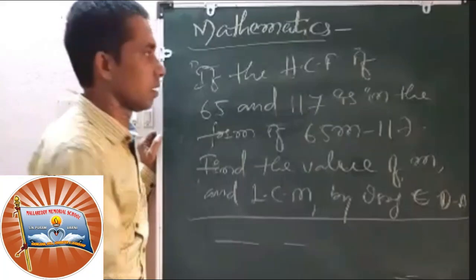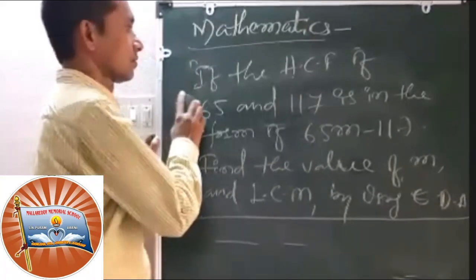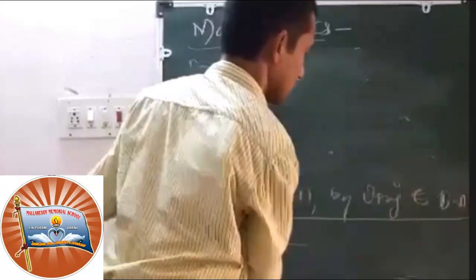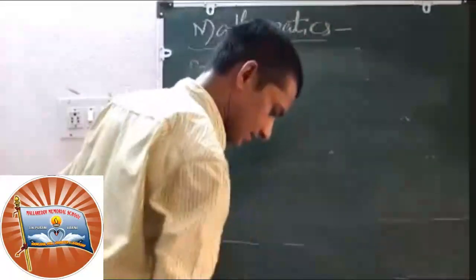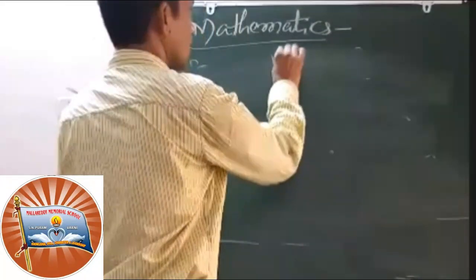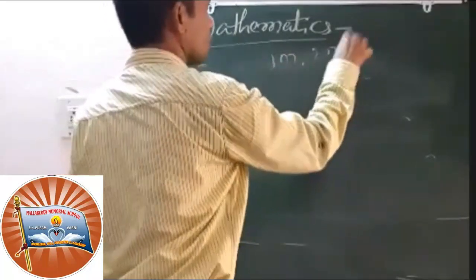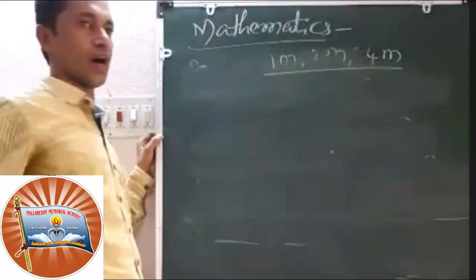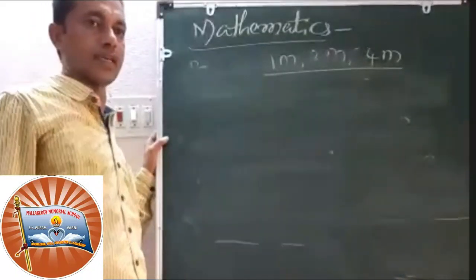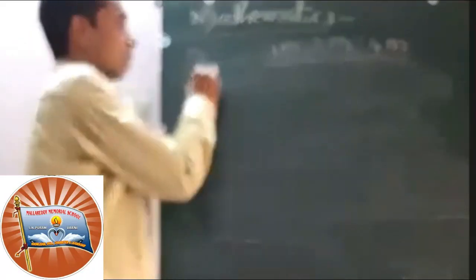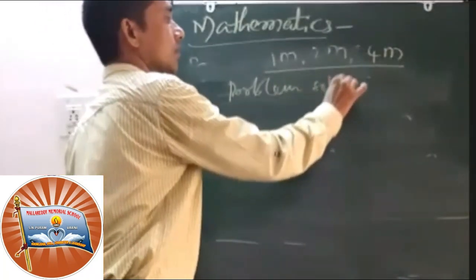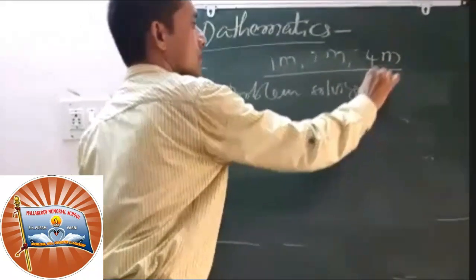Whatever the question may be, either a 1 mark, 2 mark, 3 mark or 4 mark question, you should follow certain rules in the examination. These are called problem solving steps or phases.